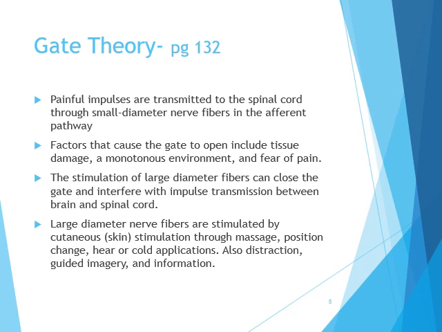Painful impulses are transmitted to the spinal cord through small diameter nerve fibers in the afferent pathway. Factors that cause the gate to open include tissue damage, a monotonous environment, and fear of pain. So see, not just the pain itself, but the environment and the fear can cause pain.